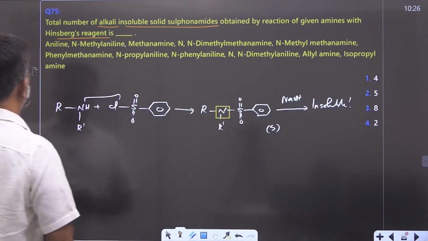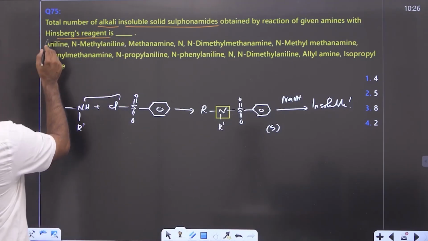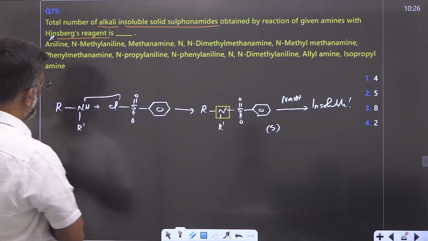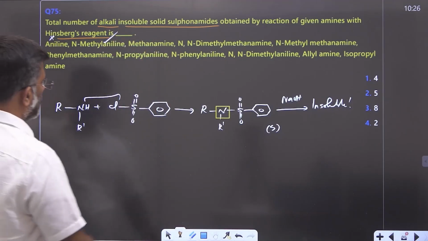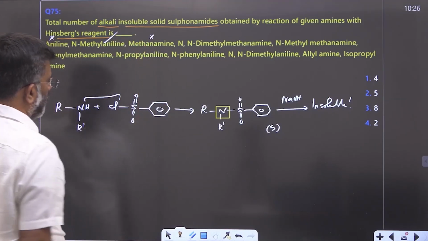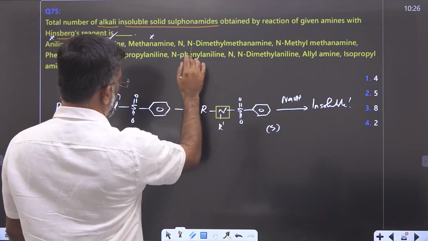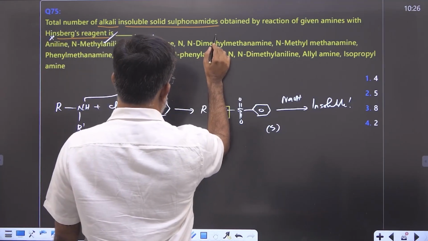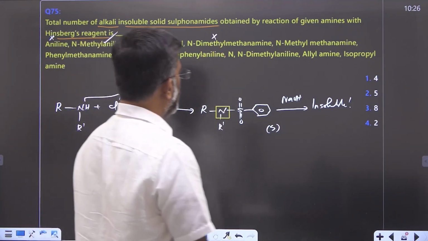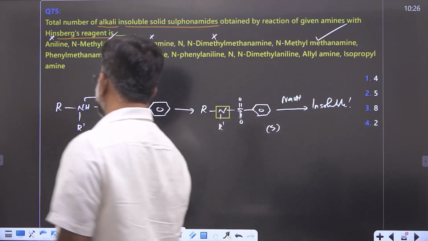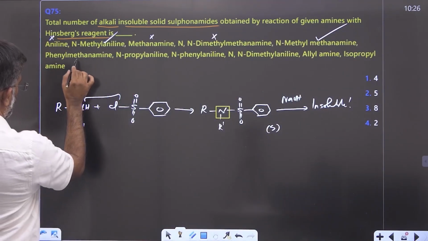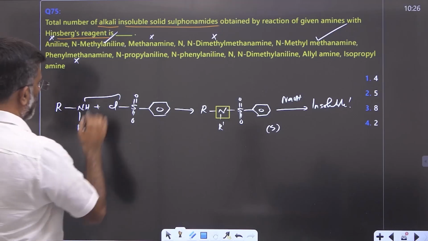How many secondary amines? Aniline is primary amine. N-methyl aniline, this is a secondary amine. Methanamine, a primary amine. N,N-dimethyl methanamine is a tertiary amine. N-methyl methanamine, this is a secondary amine. Phenyl methanamine is a primary amine.